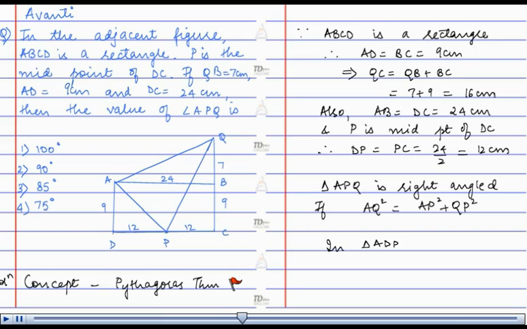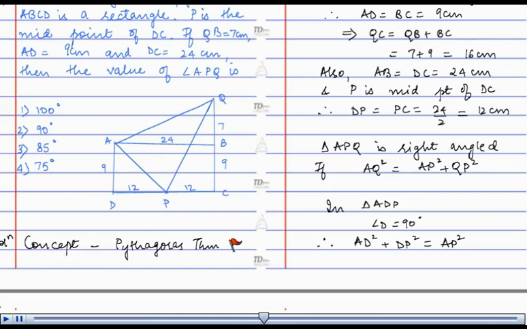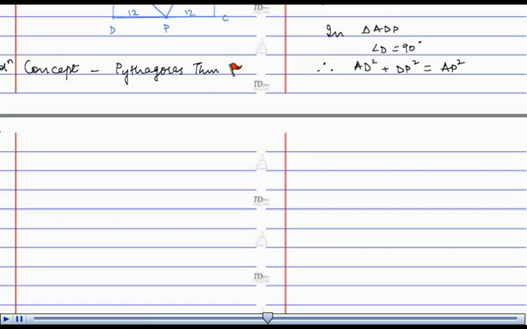Here angle D is equal to 90 degree. Therefore, by using the Pythagoras theorem, we can write AD square plus DP square is equal to AP square. Putting the values, we get 9 square plus 12 square is equal to AP square. This implies AP square is equal to 225 or AP is equal to 15 centimeters.